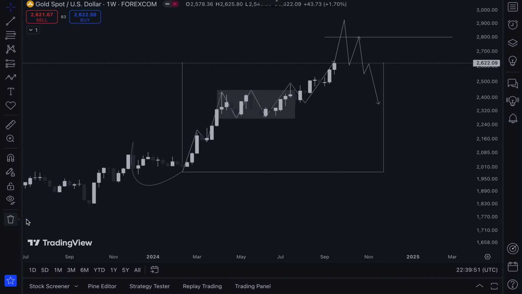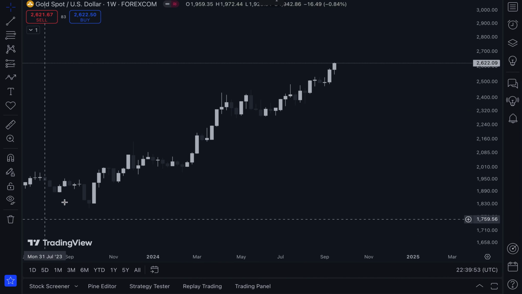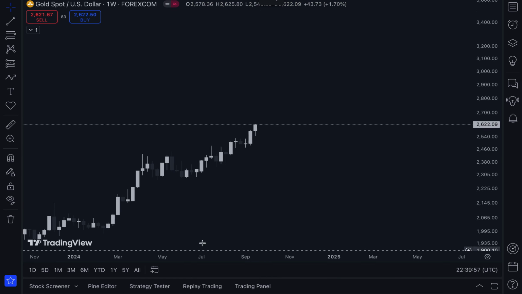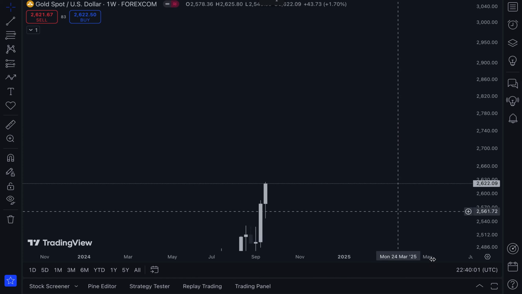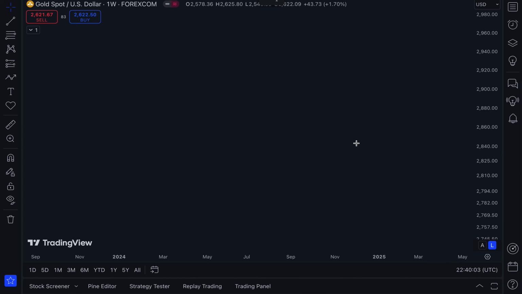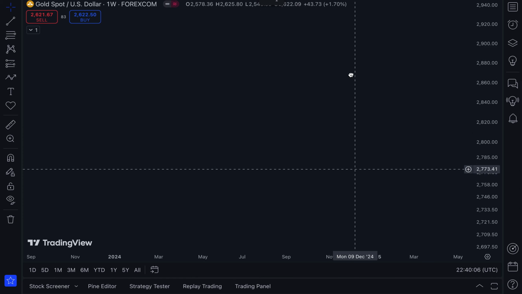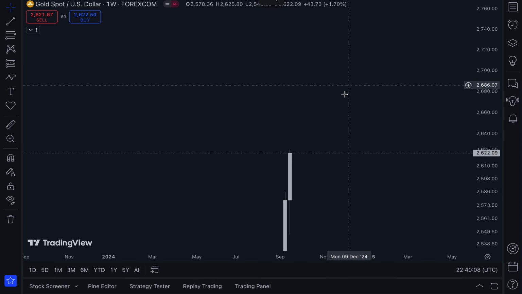Okay, in order to start working, we need to go to the latest candle on the weekly time frame. Remember that we trade 5 days a week, so it's this candle right here.